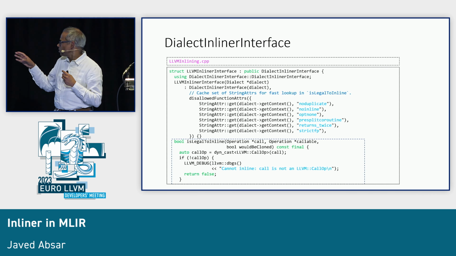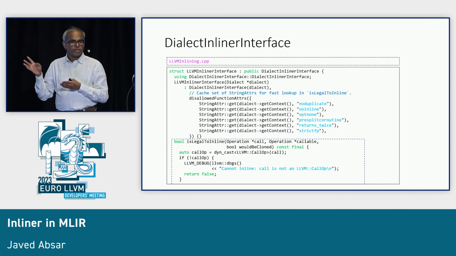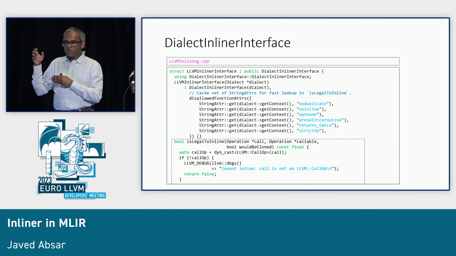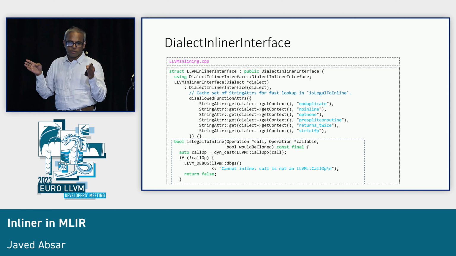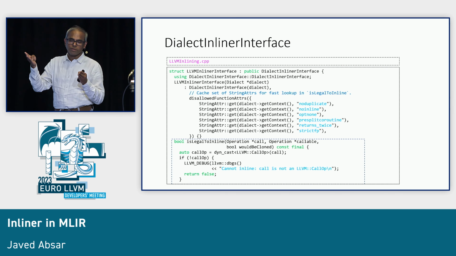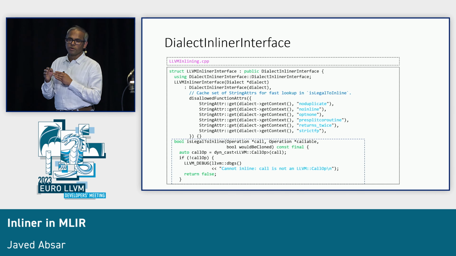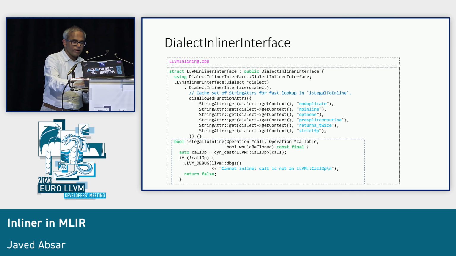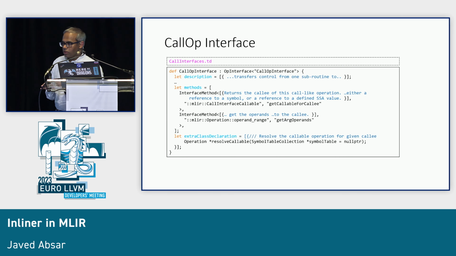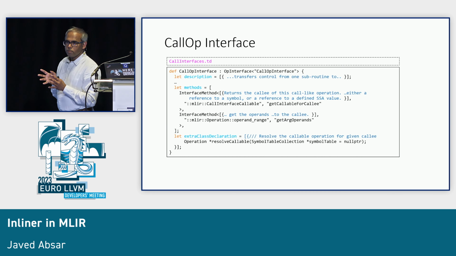So that's what it's checking there. Next it will check, probably, though I didn't show it here, the callable. You have a call and you're calling something; what you're calling should also be an LLVM function. Then these two tie together. Then it will go on further and check that those attributes, et cetera, are all complying. So that's the interface part.